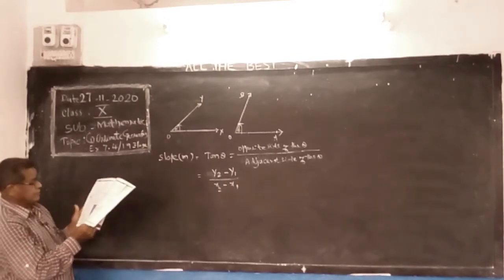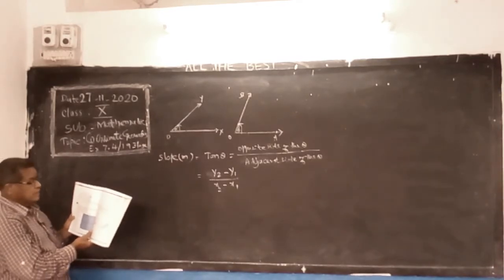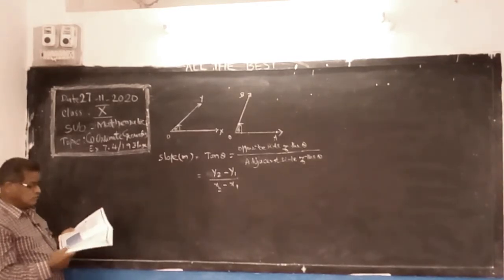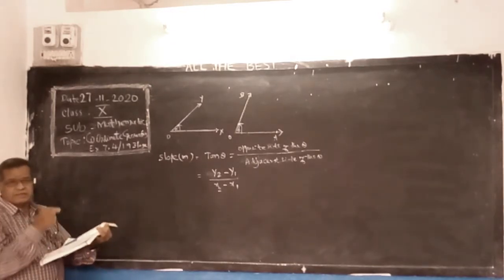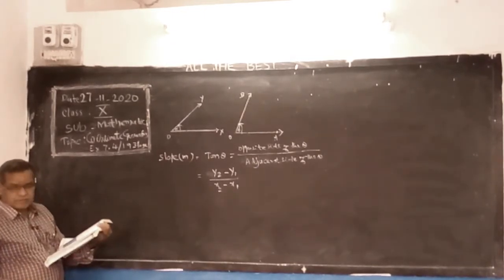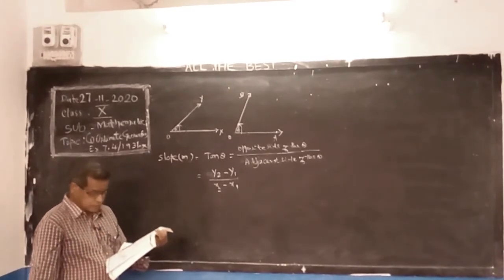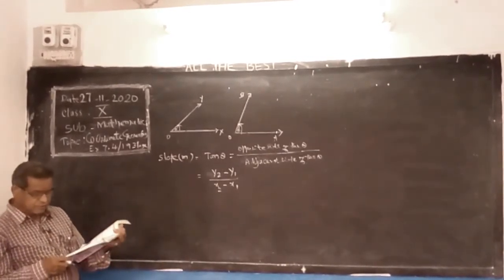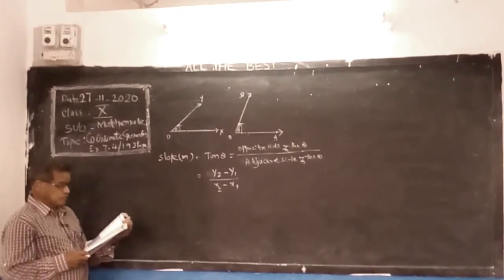So the change in y, derived as y2 minus y1 by x2 minus x1. It is mainly derived from tan theta. The opposite side is y2 minus y1. Here this is the graph. See, it is given on page 191.